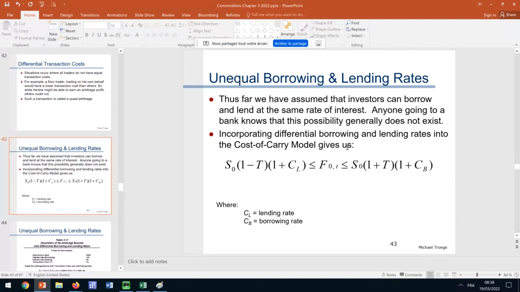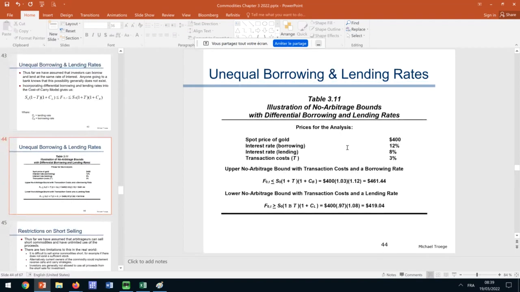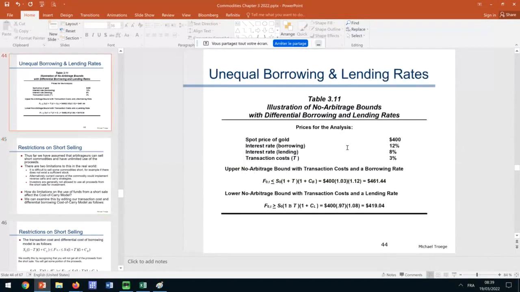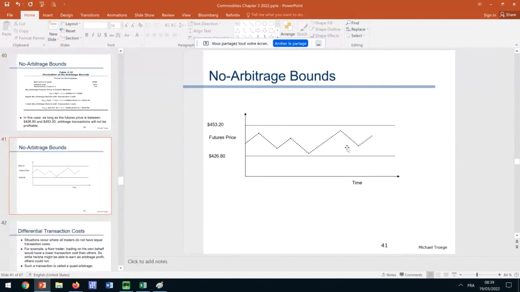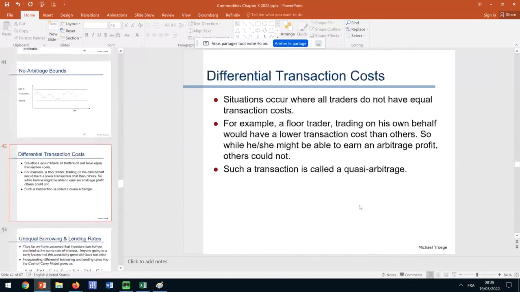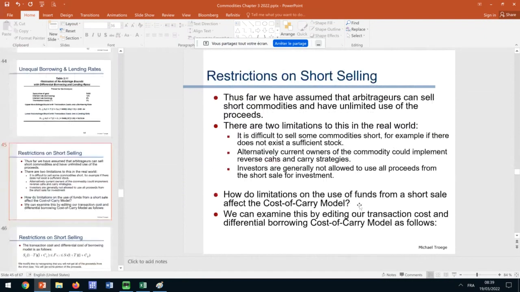So if these rates are different, then again you will open up a difference between the two no arbitrage bounds. This is calculated here. So you get again two bounds, but these bounds are even stronger than with transaction costs.